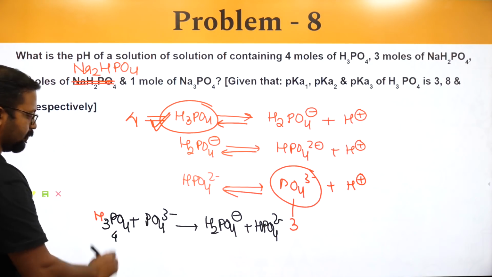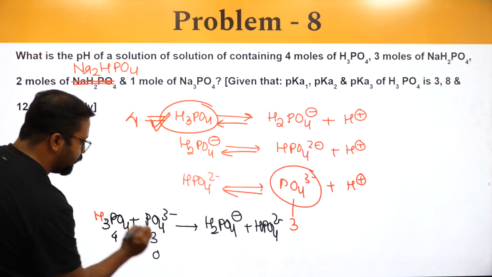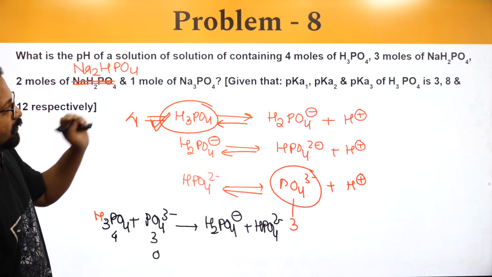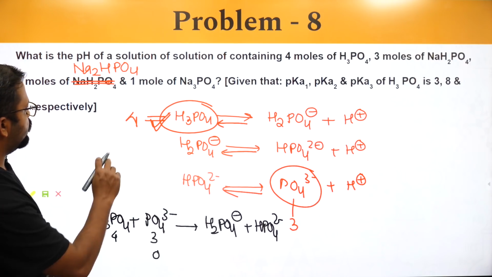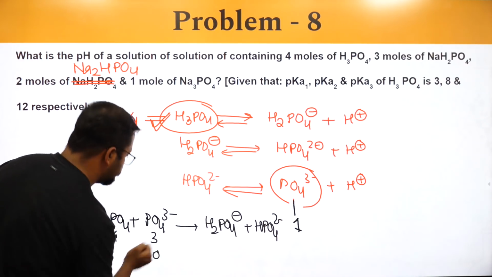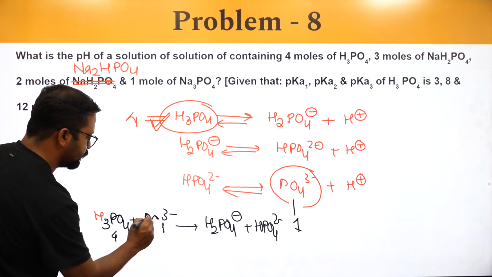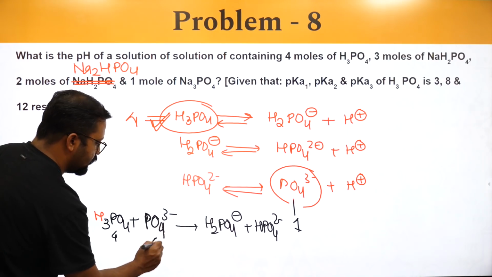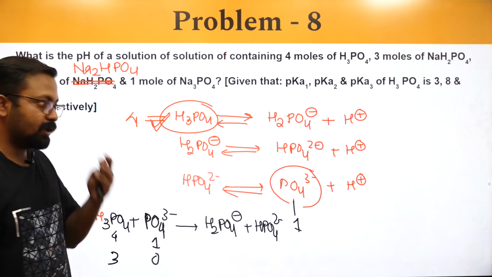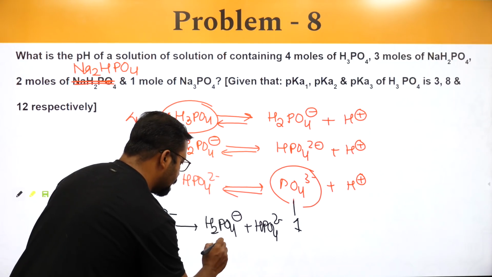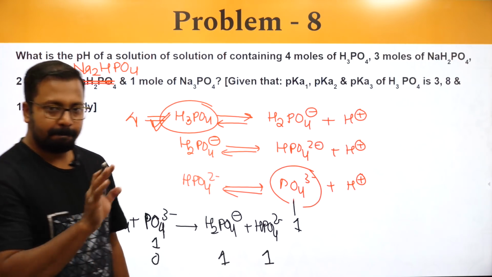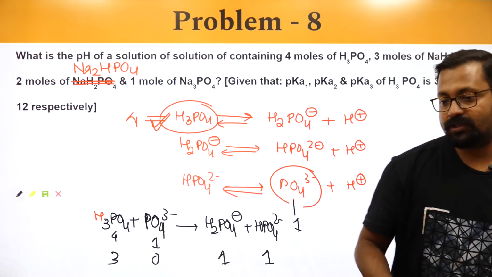So I took 4 of this, 3 of this. I've taken 1. This will be completely consumed, isn't it? 3 of this will be left out, and 1 of this and 1 of this will be formed. Okay, 1 mole of new is formed.